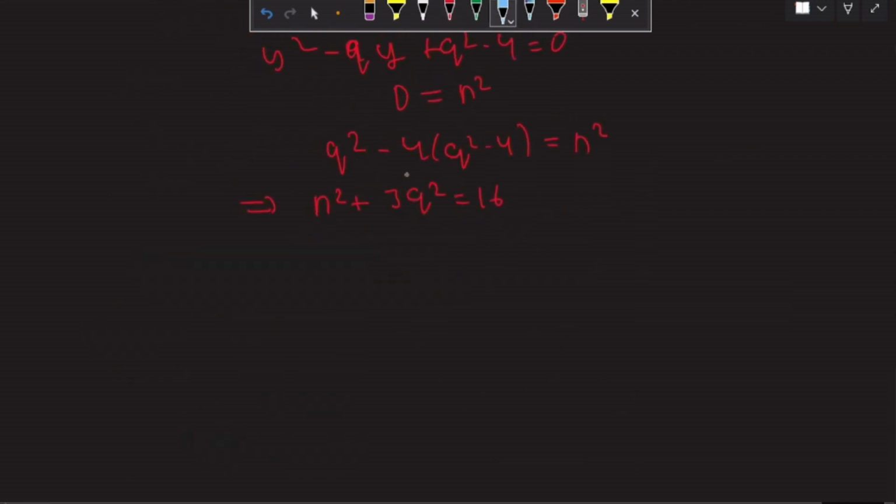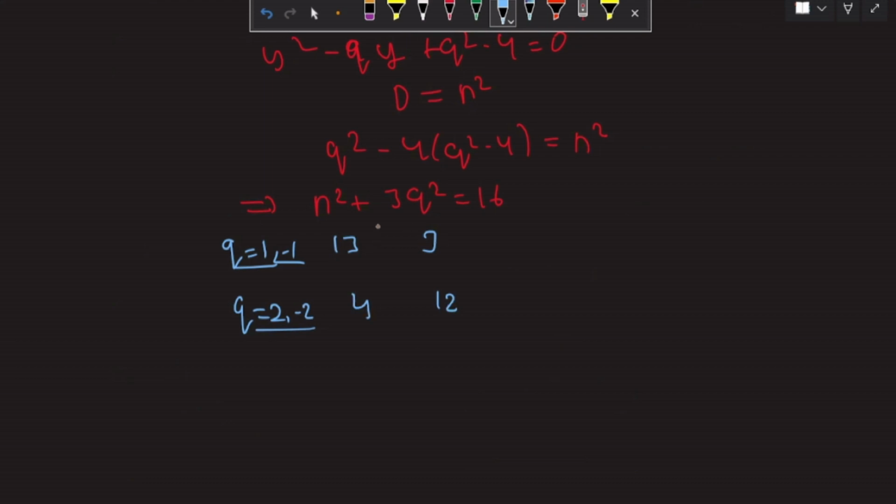When we take q is equal to 1 or minus 1, this becomes 3, this becomes 13. When we take q is equal to 2 or minus 2, we get this as 12, this as 4.